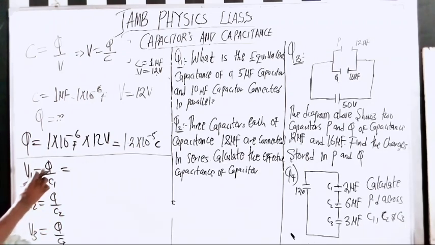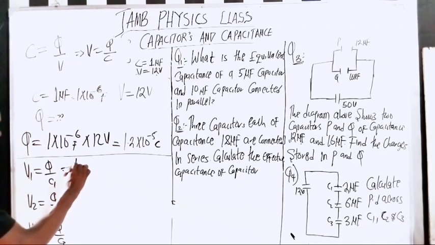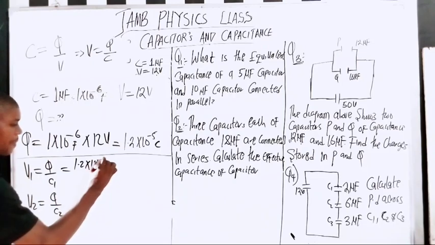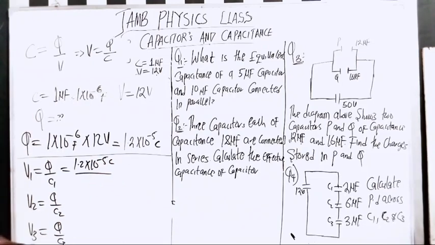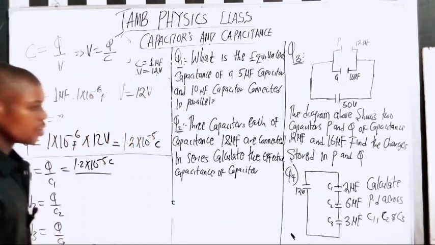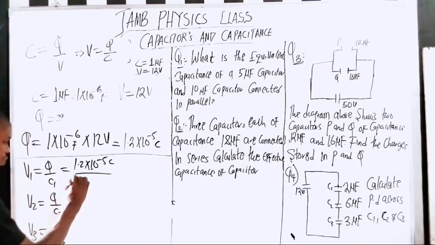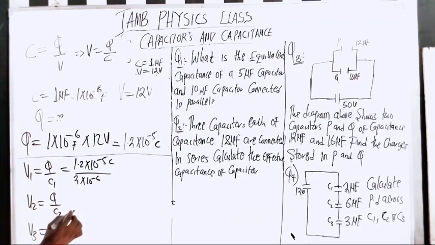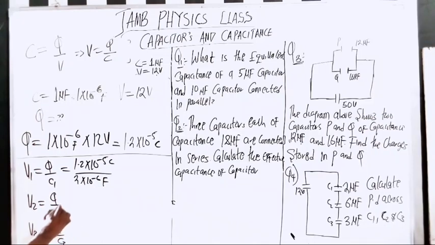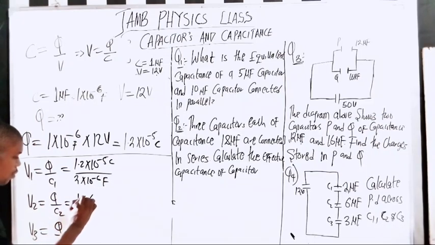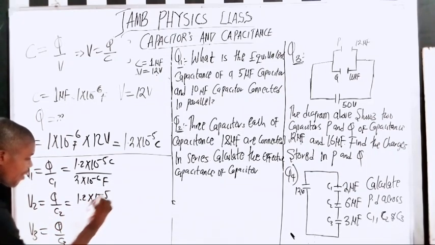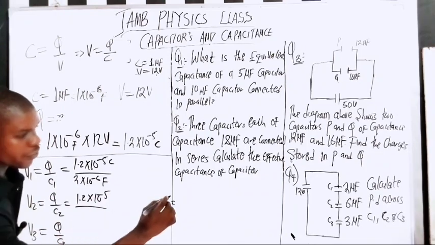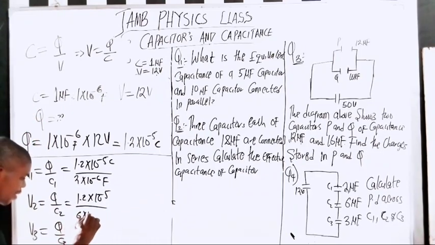Remember my Q is 1.2 exponential minus 5 coulomb over C1, which is 2 microfarad, 2 times 10 to the minus 6 farad. The same thing here: 1.2 times 10 to the minus 5 over 6 exponential minus 6 farad.